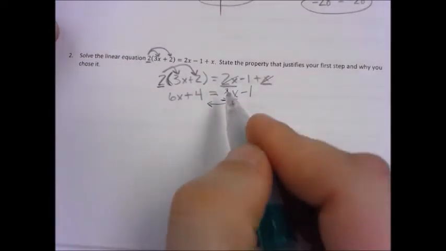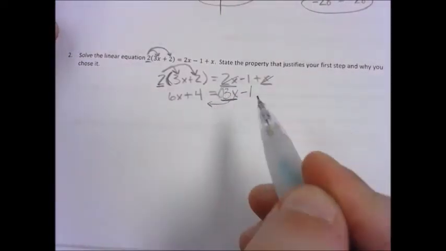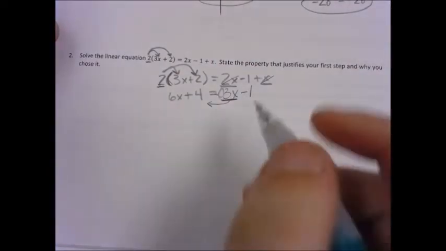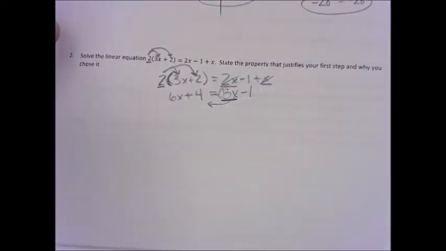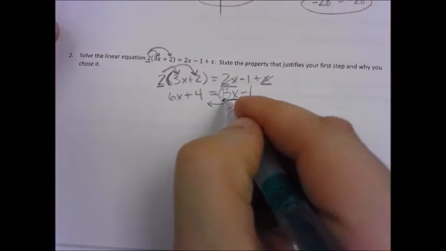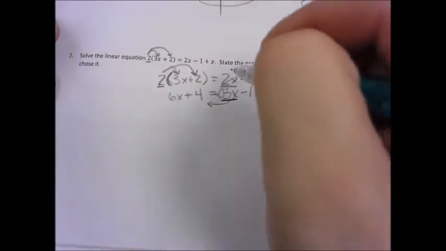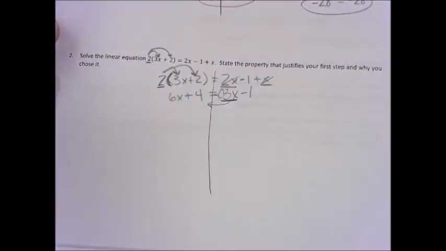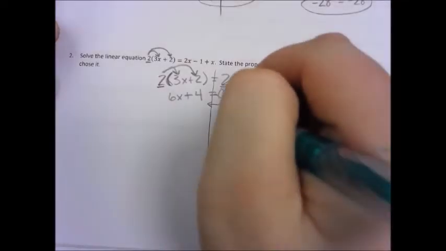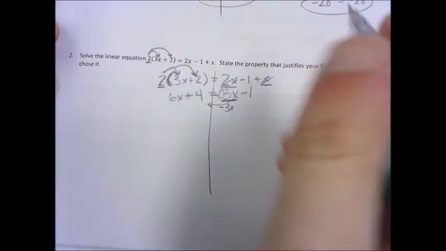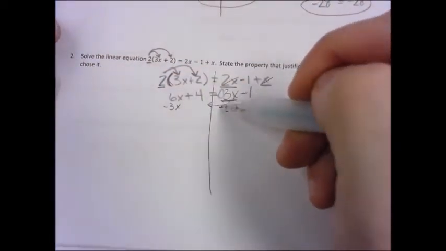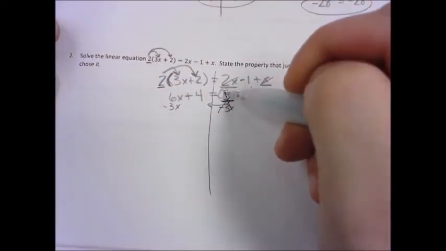Okay, so because there is nothing here which tells me that it's negative, that means that this is a positive 3x. So if I have a positive 3x, the way that I move it to the other side of the equation is to subtract 3x from both sides. Okay, so 3x minus 3x is 0.